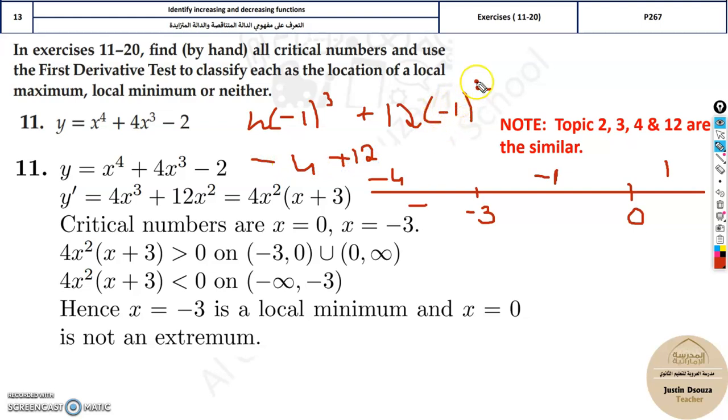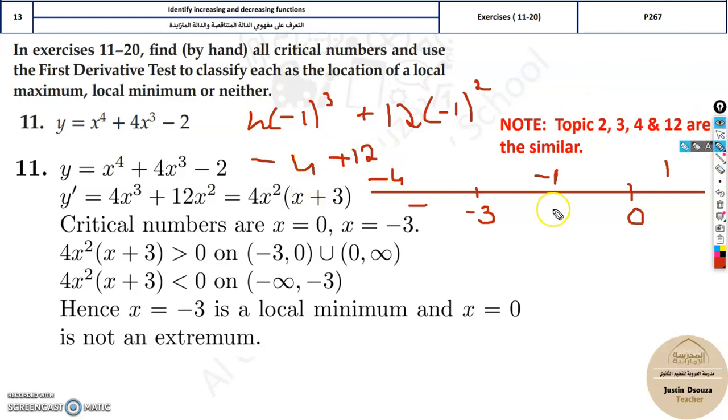Why? Because when it's an odd power, the negative sign remains, whereas with an even power, it will diminish. Minus into minus will be plus, whereas a negative with another negative will make it negative.